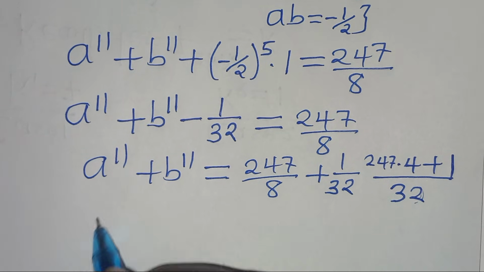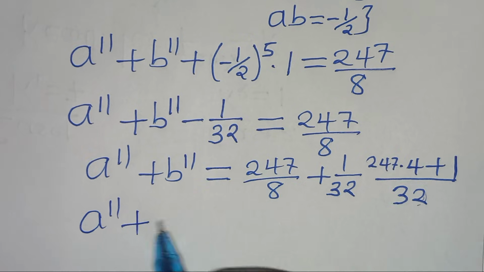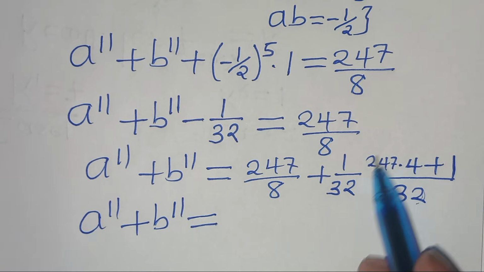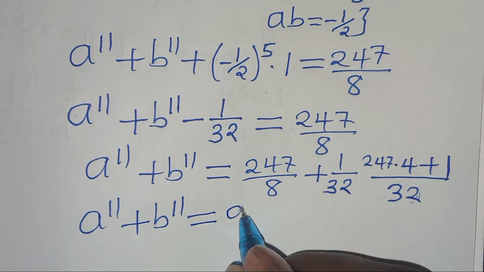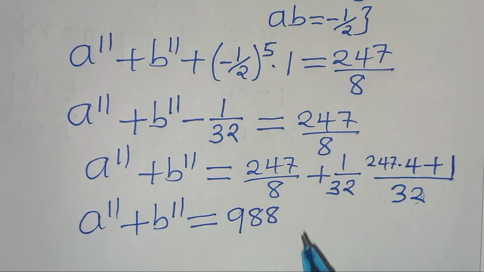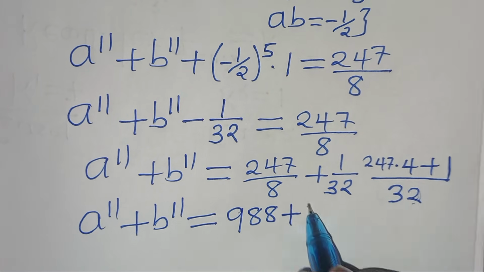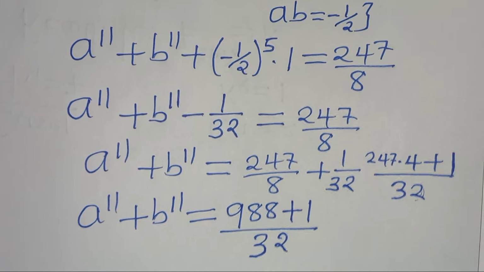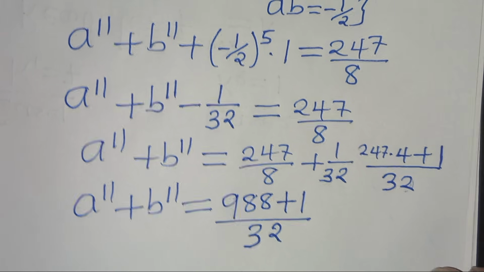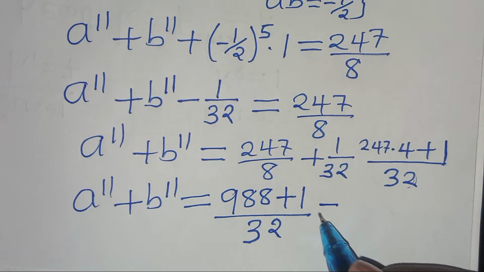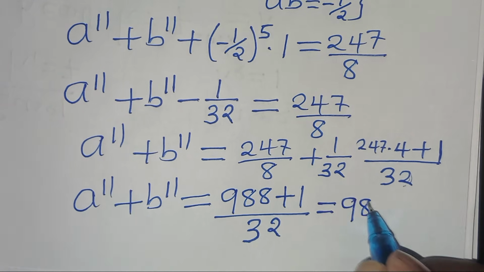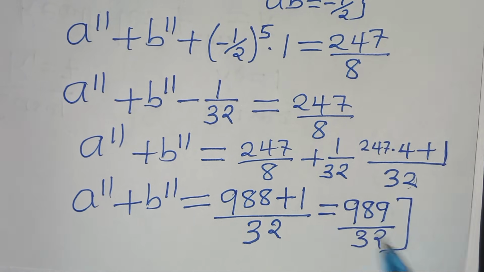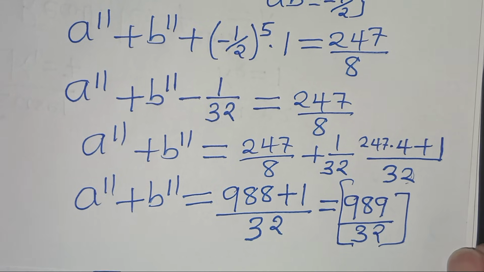So we have that a to the power of 11 plus b to the power of 11 is equal to 247 times 4, which is 988, plus 1, divided by 32. And this means that we have the solution here as 989 divided by 32. So this is the solution to this math problem.